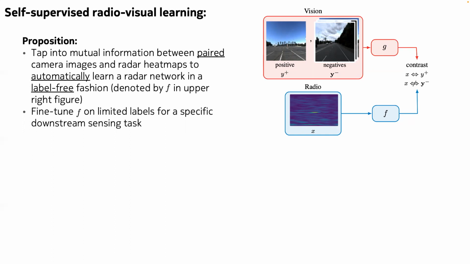This learning formulation happens in a totally label-free fashion. Effectively, vision teaches radio how to make sense of the environment via MI, mutual information. Once the radio network is learned, we can then specialize it for any downstream sensing task we are interested in.